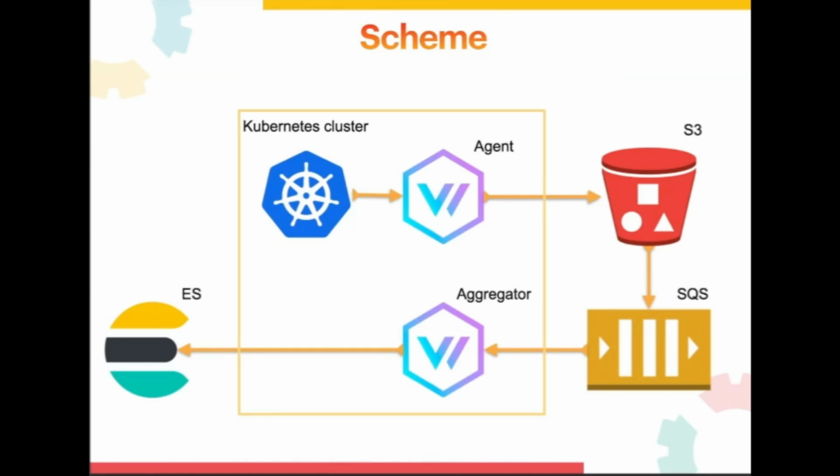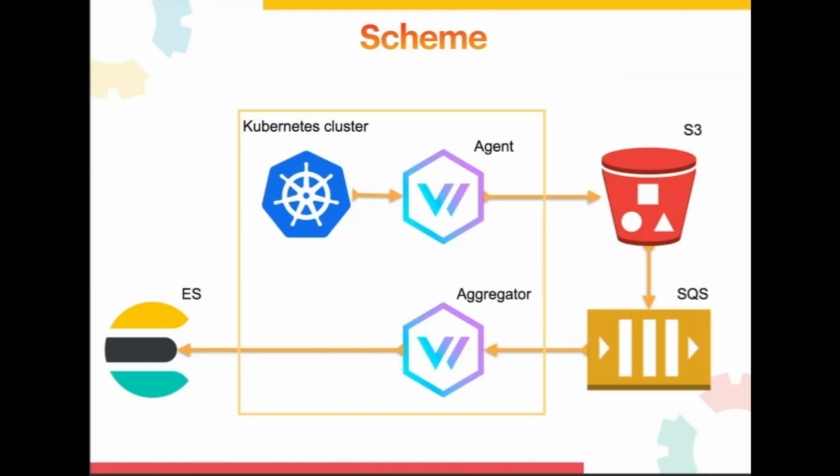Why did we choose Vector in our scheme? Our task was to store all Kubernetes logs to S3, and afterward grab some data from S3 back to the aggregator and put it in Elasticsearch. And the process of pulling data from S3 works only in conjunction with SQS.